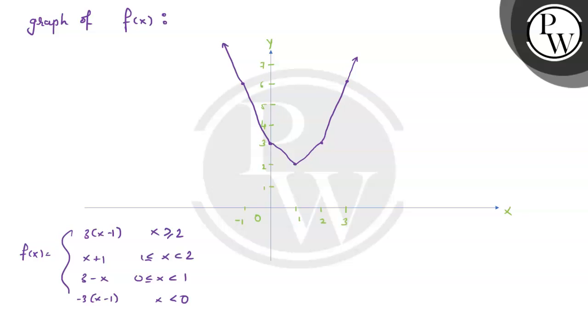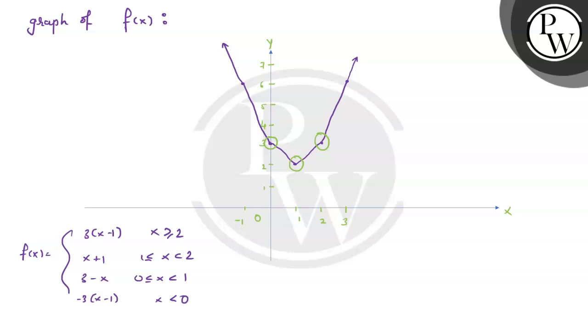So here you can see in the graph that we have sharp points at x equals 0, x equals 1, and x equals 2. So by graph, you can see that we have 3 sharp points, and at sharp points, the function is not differentiable.